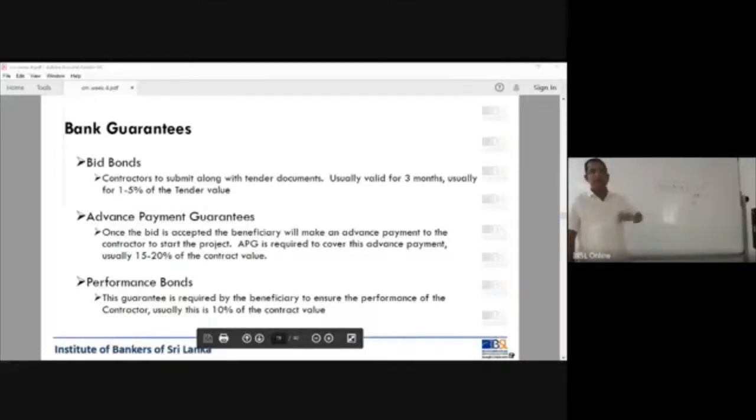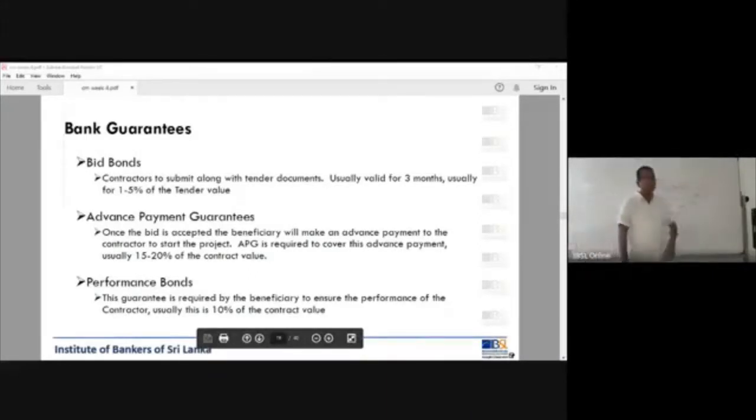If the customer does not accept the tender after the selection, bank needs to say, I will pay a compensation, right? Second type is advance payment guarantee.